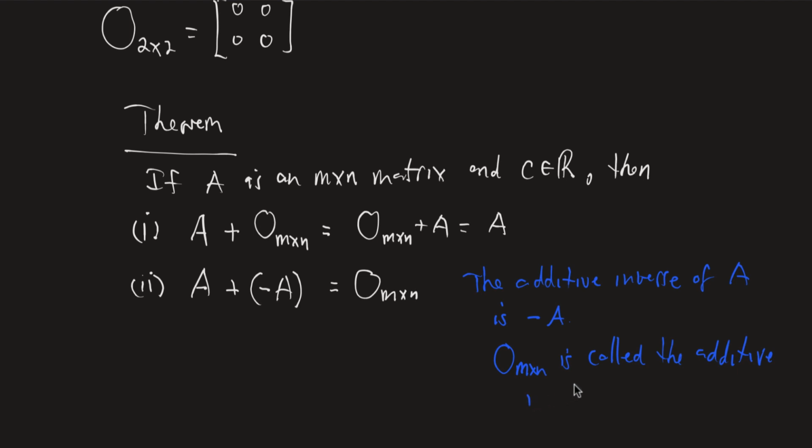Meaning, when you perform addition with this matrix, it doesn't change anything. So that's the additive identity.